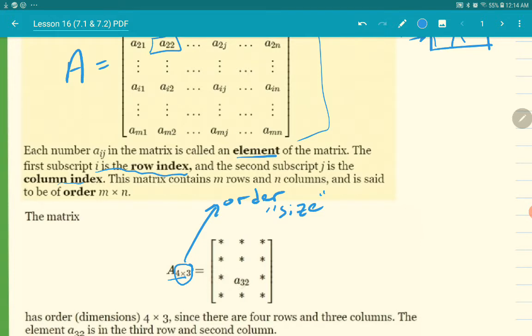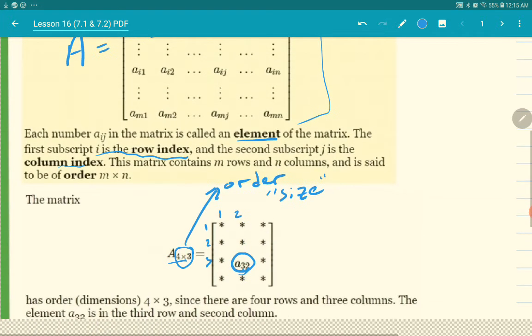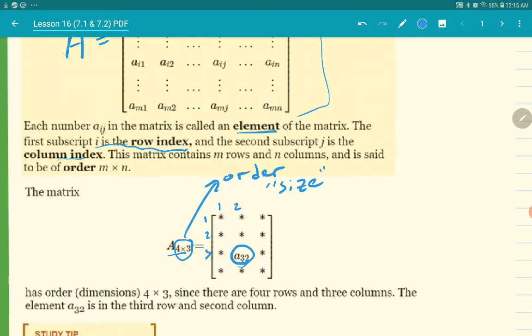Remember that the first number is the row index, so that's 1 row, 2 rows, 3 rows. The second number is the column, so that's 1 column, 2 columns. So this spot is in the 3rd row, 2nd column. This has dimensions 4x3, so that's its order: 4 rows and 3 columns.